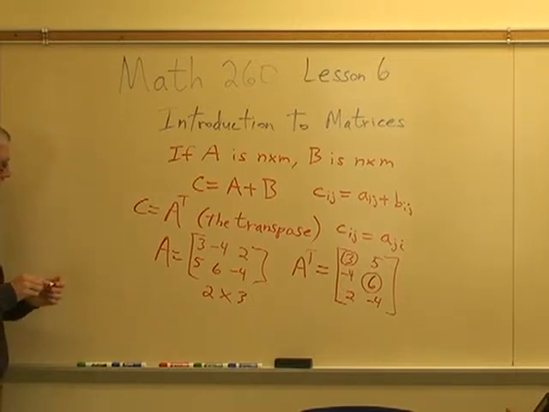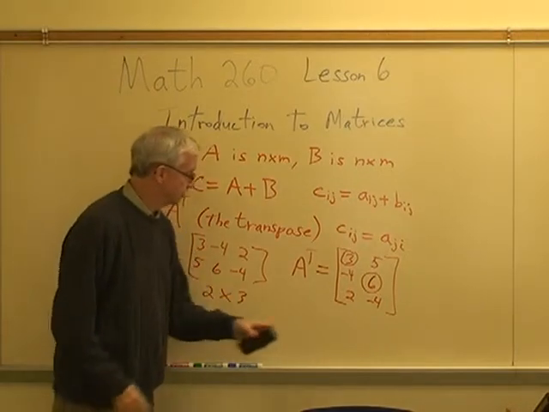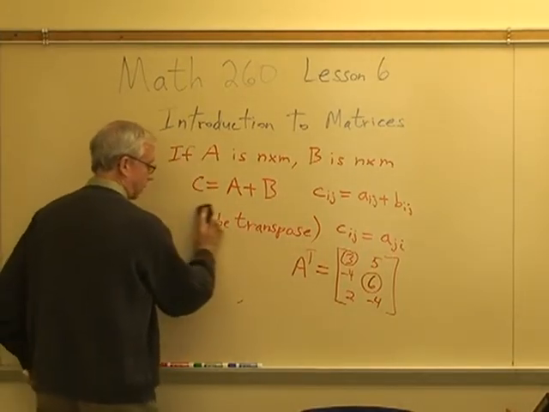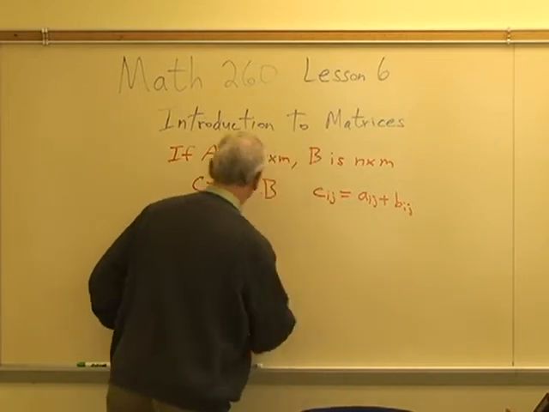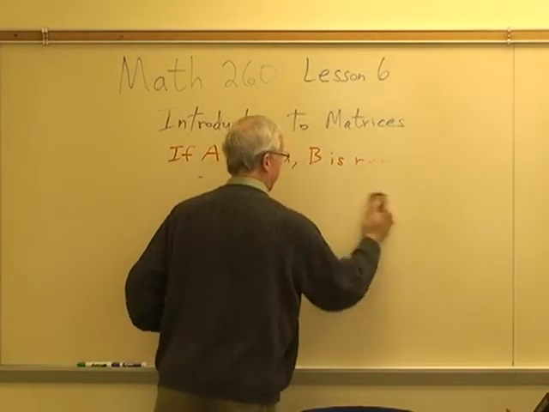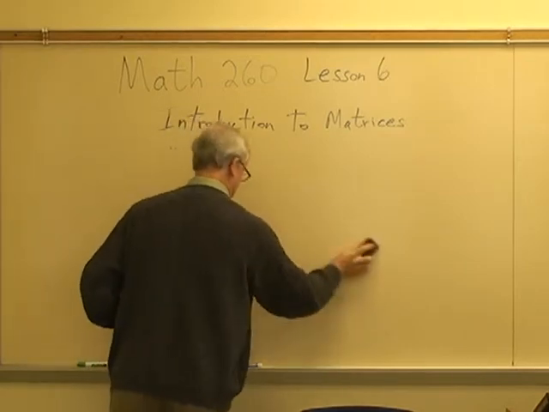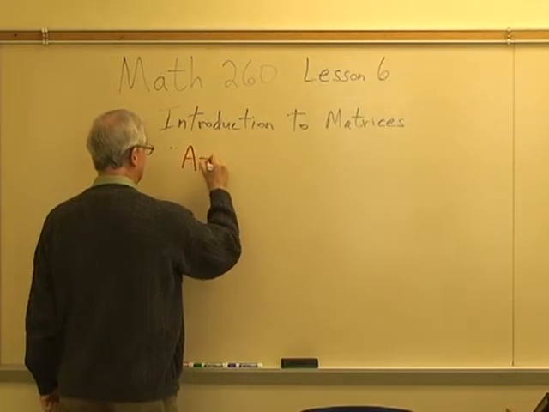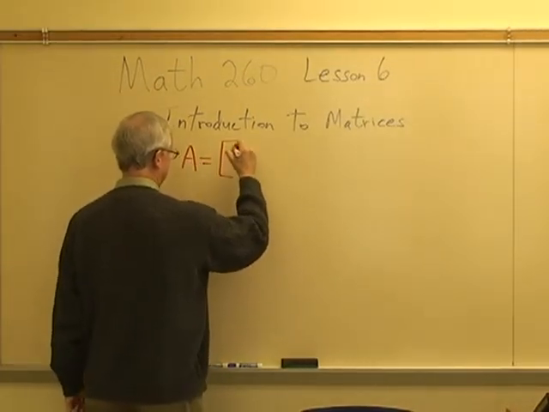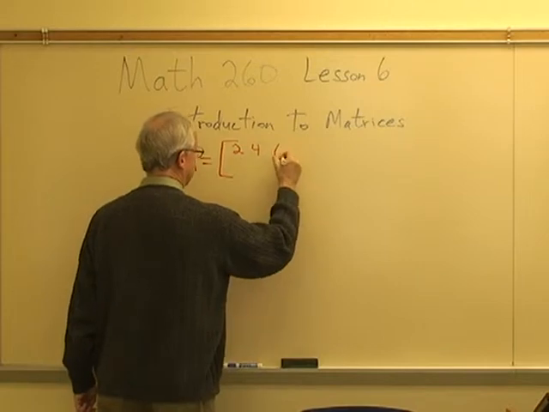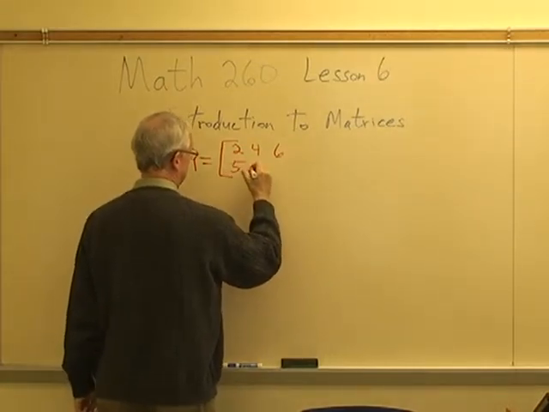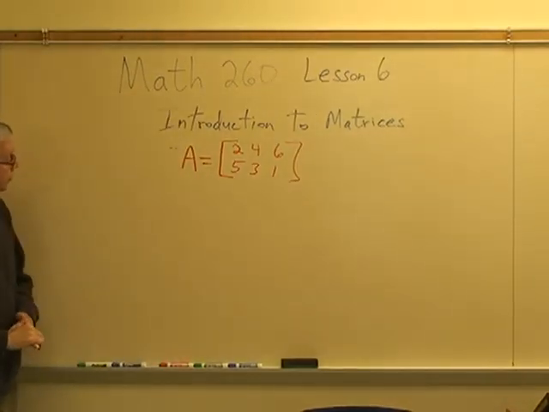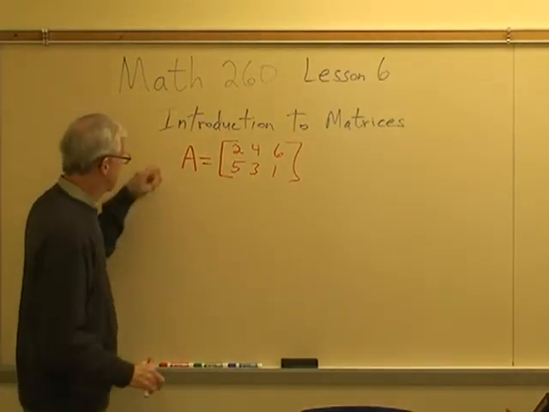So let's put this together with an example that includes all three operations: addition, scalar multiplication, and transpose. So there's my matrix A, first row 2, 4, 6, second row 5, 3, 1.